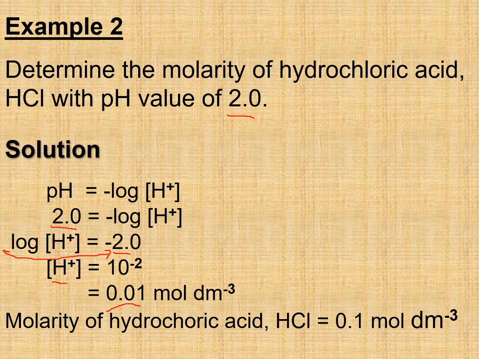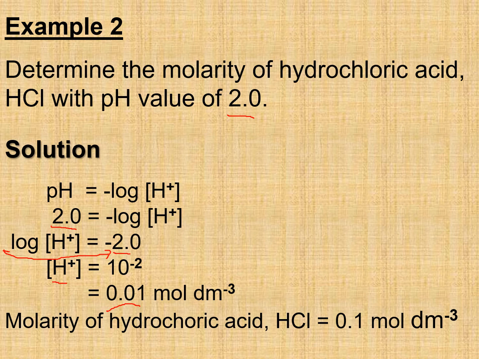How to put 10 minus 2 on your calculator? Okay, using my calculator, left side on the top button is shift. You just press shift and the log button, and it will give you 10 power of x, and then you put negative 2, and then equal to, you will get 0.01.